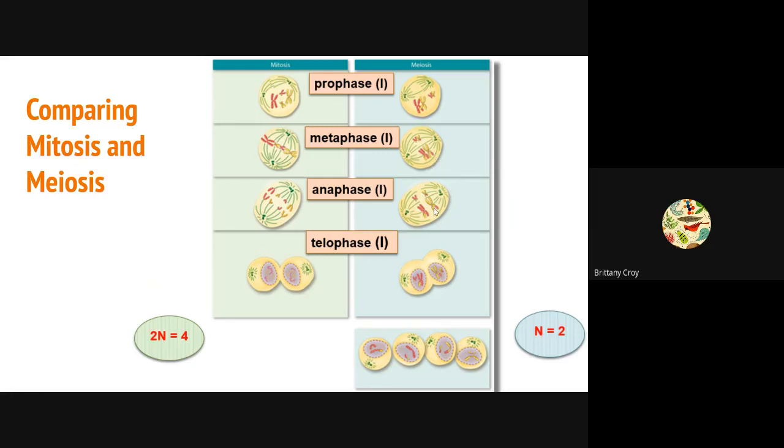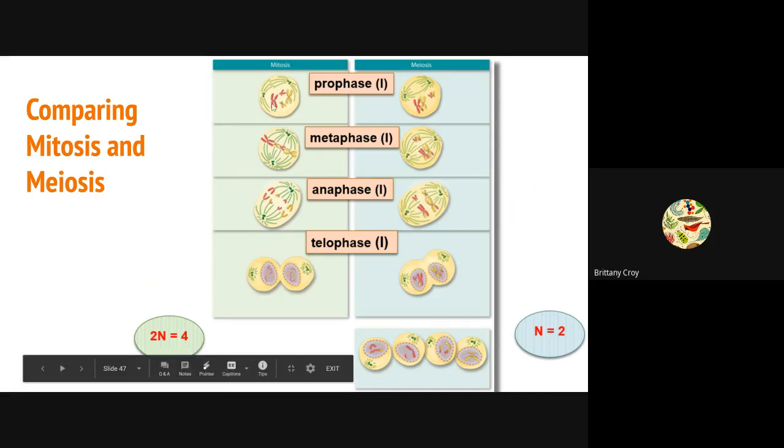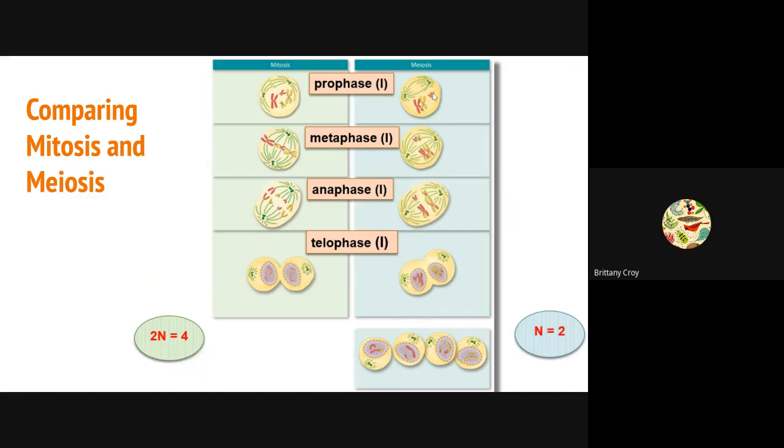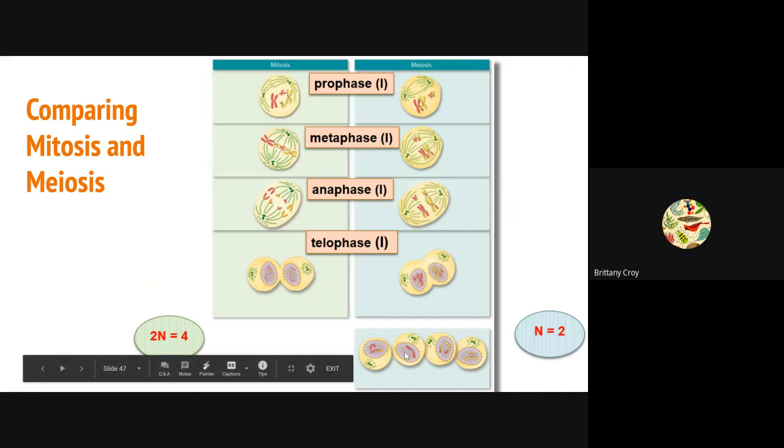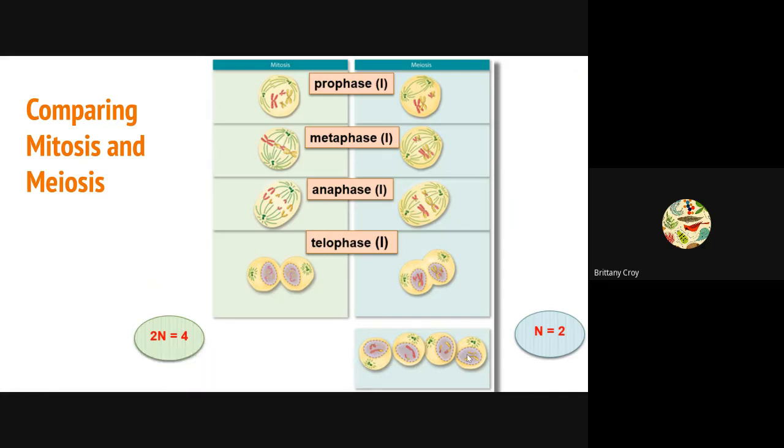And then down here at telophase, we have 2 new cells with the same amount of DNA. We start with 4 chromosomes, we end with 4. Meiosis is going to go through another round of division, and that's going to cut our genetic information in half. So up here, starting with 4 chromosomes, but ending with 2 genetically different chromosomes in each cell.